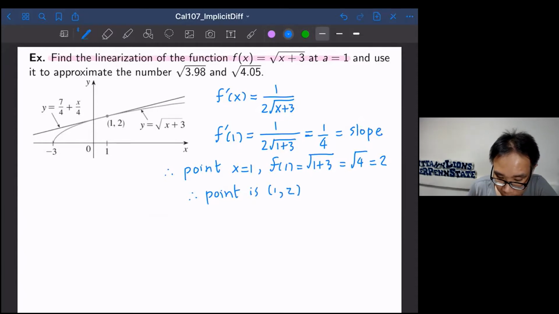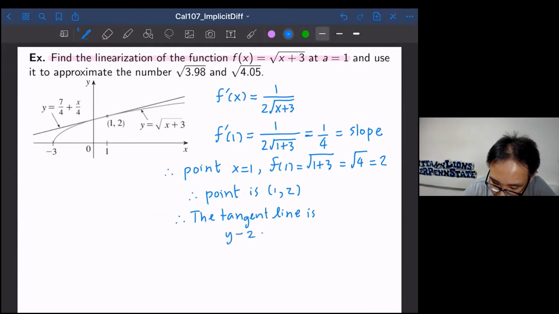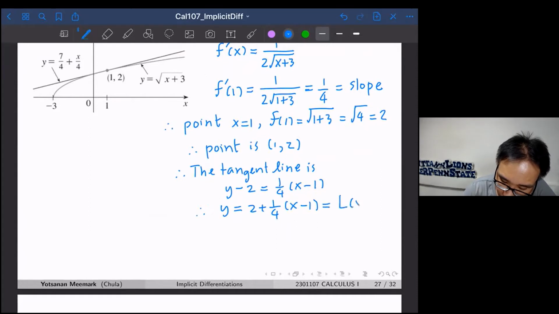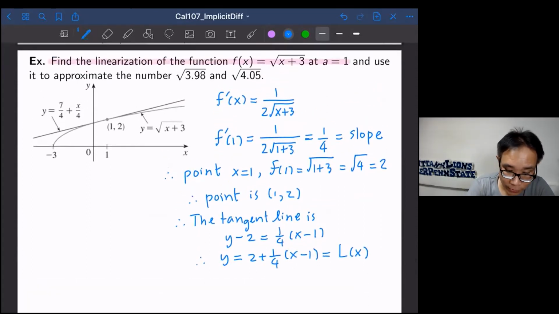Using the point slope form, the tangent line is y minus 2 equal to 1 quarter (x minus 1). So you get y equal to 2 plus 1 quarter (x minus 1), and this will allow you to get L(x). This one is the linearization L(x).